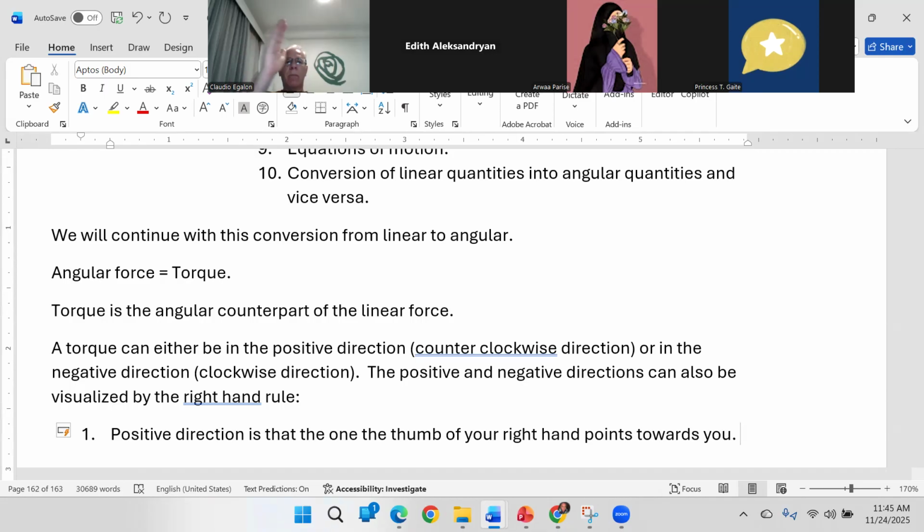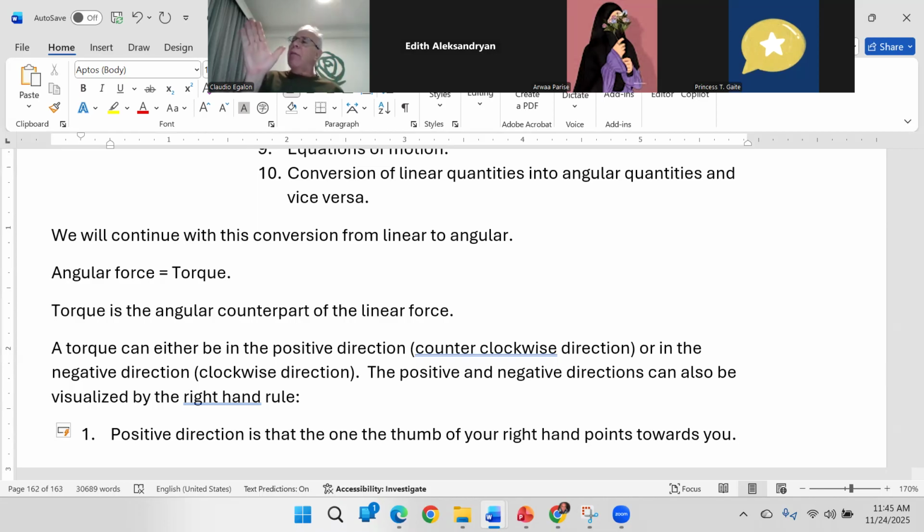So here you go, here's my thumb. I'm going to look into my thumb and apply my right-hand rule. I curl my right hand in this direction, and the thumb is pointing towards me. So the hand is moving in the counterclockwise direction. Consequently, it is the positive direction.